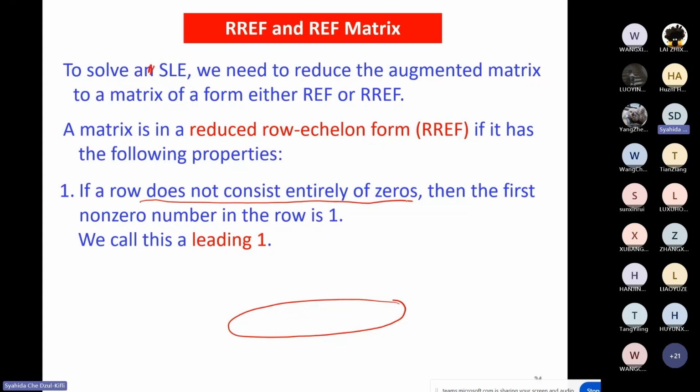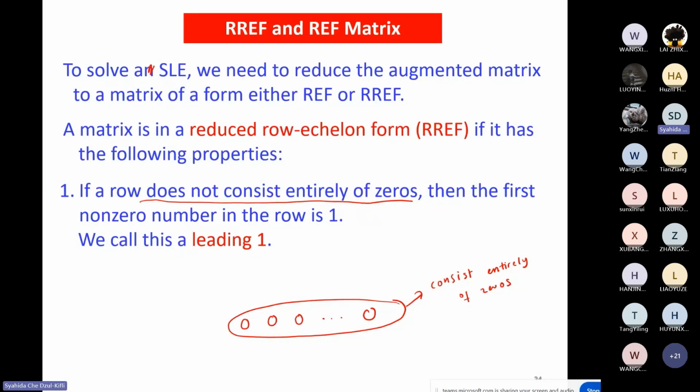For example, if I have this row, this row consists entirely of zeros, or the elements of the row are all zeros.